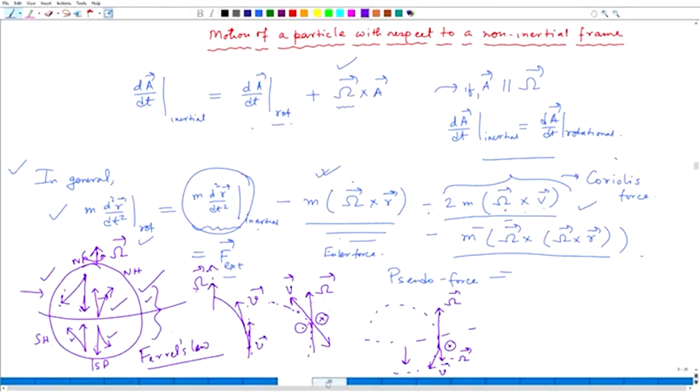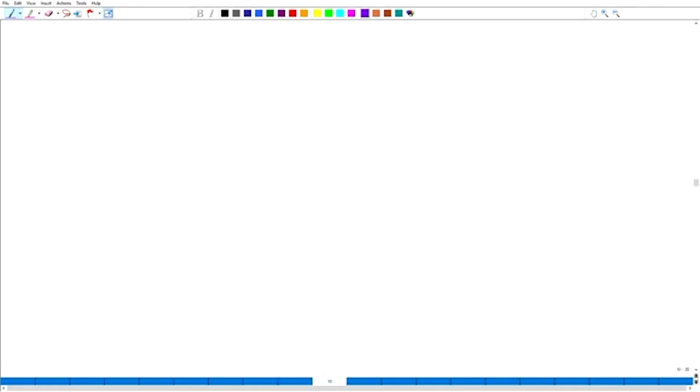Okay. Now, we can do something much more sophisticated. Last time we said how to relate two frames of reference, one inertial, another rotating but sharing the same origin. Now, let us say I have a new case where I have two frames of reference. The first one is of course XYZ and still inertial.